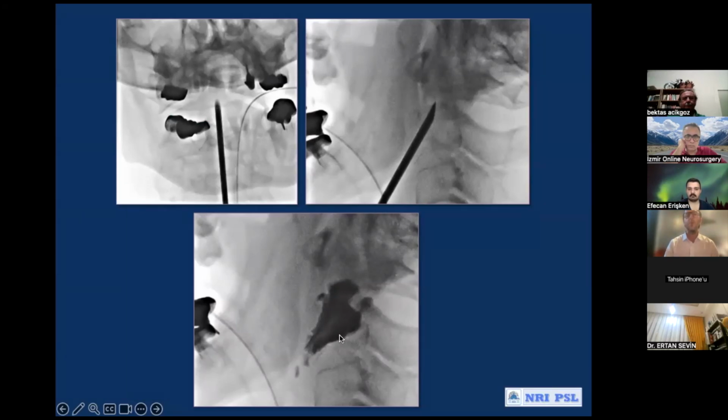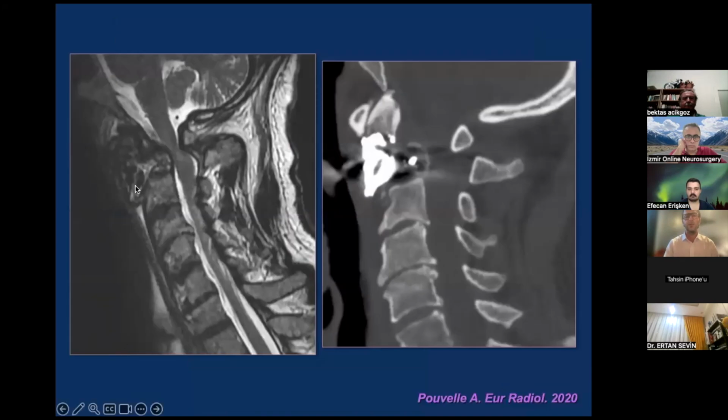And what happened a couple of weeks after this intervention? Yes, the patient experienced a deficit. It was not a severe deficit, but it was a mild motor deficit on the upper limb. And you see that there is a fracture just below the cast of cement.